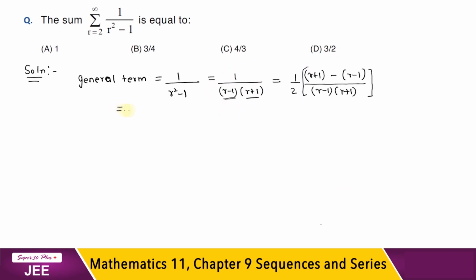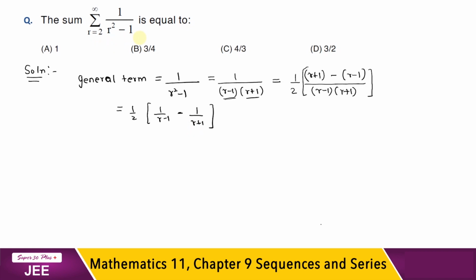So we are left with 1 by 2 times 1 over r minus 1, minus, r minus 1 gets cancelled off with r minus 1, so this becomes 1 upon r plus 1. So this is the way in which we have to split the general term in order to arrive at the answer of such kind of questions. Alright, I hope everybody is getting till this point.